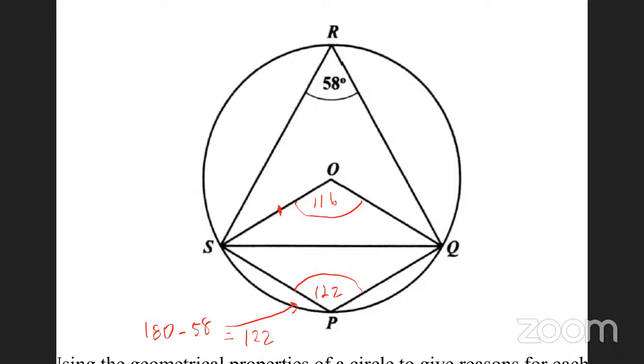OQ is what? A radius again. So what shape is that? Isosceles, right? So the angles at those two points are equal. Everybody okay with that? Work it out for me now, please.